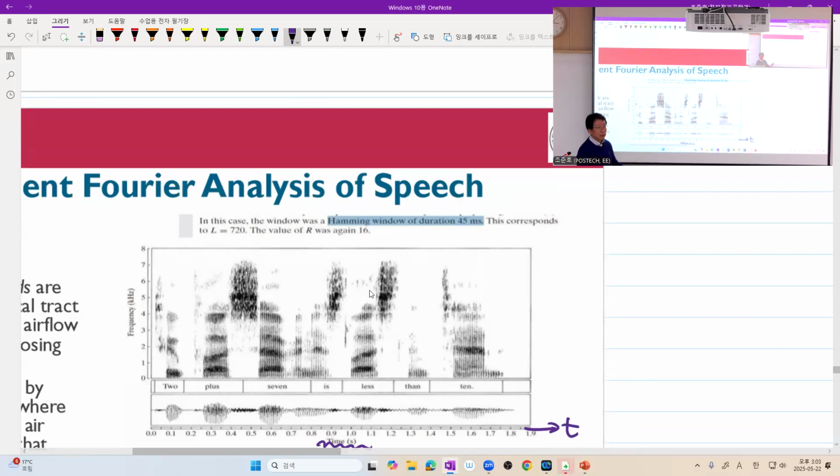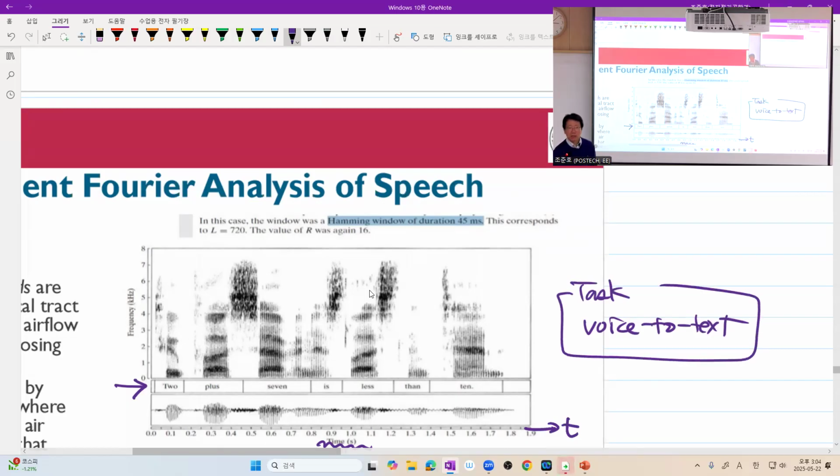You provide the vector, and probably this would be your desired output, text. This is called the voice to text task. So our job is voice to text.